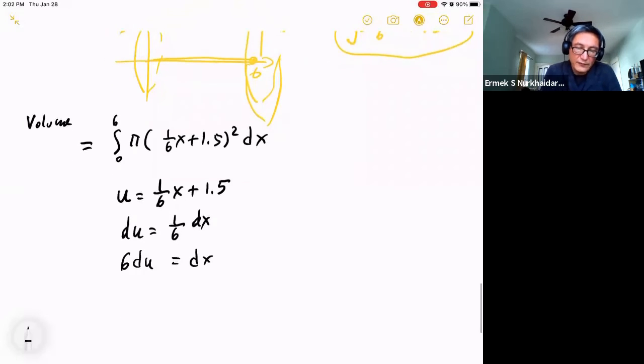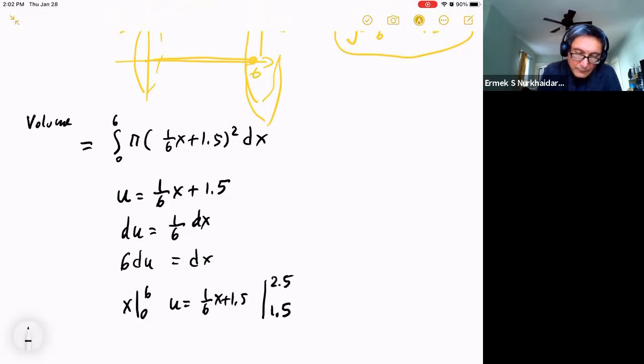And because I'm working with a definite integral, x is changing from 0 to 6, so u will be changing too. Substituting 0 for x, I get 1.5, and substituting 6, I get 2.5. So that's my substitution.